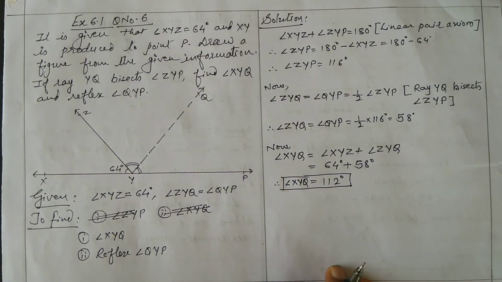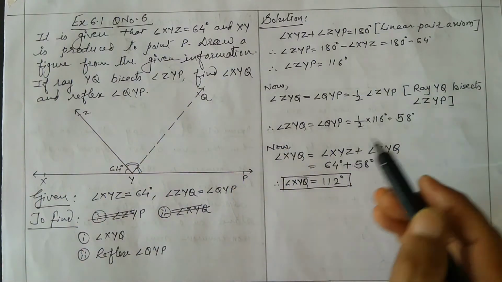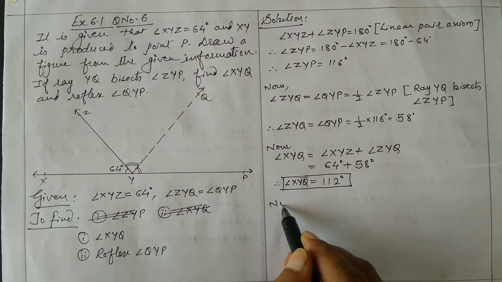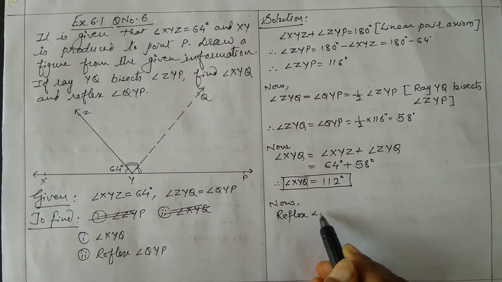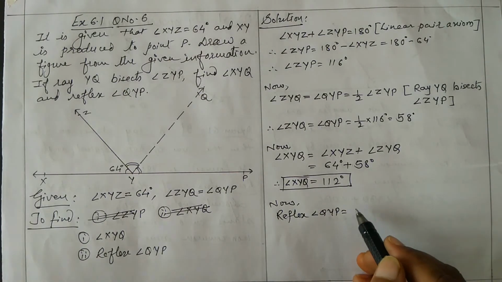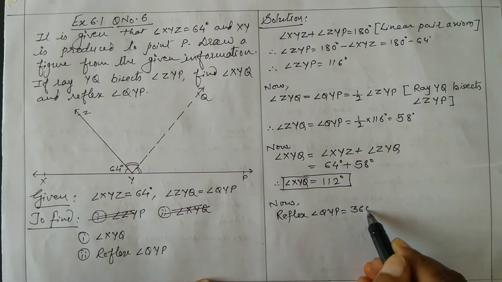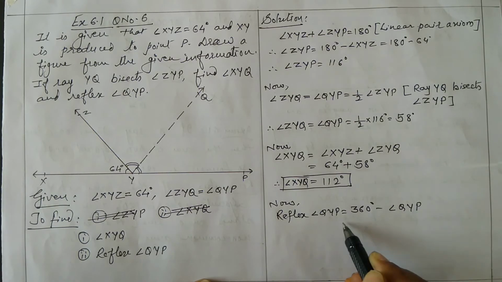Okay, now what do you want to calculate? You want to calculate the reflex angle QYP. What is QYP? 58. Okay, now reflex angle QYP is equal to 360 degrees minus angle QYP.